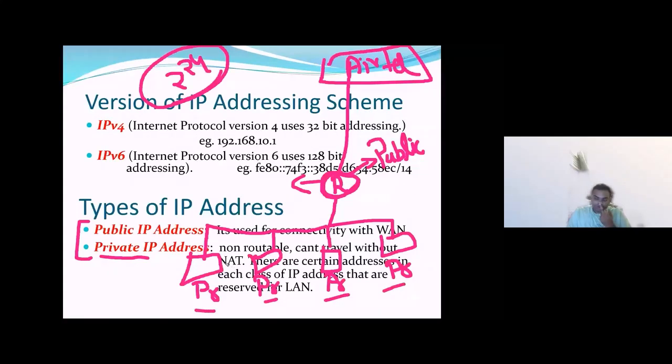But if they want to talk to someone outside their network, someone outside their home, we assign one public address to the router, and private IP addresses we can assign to as many people as you have in your network. They are private, limited to your network there.